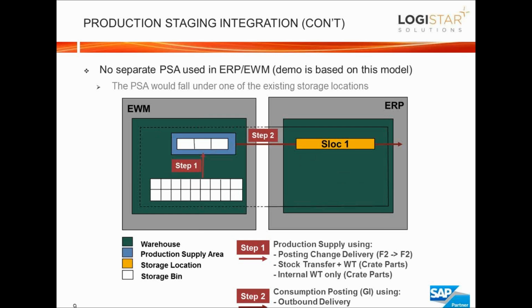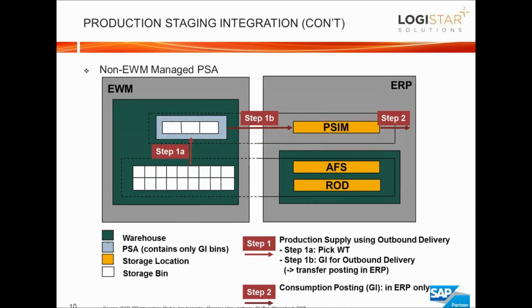We haven't issued anything, we haven't received anything, and we haven't transferred anything between locations because there's only the one. But from the warehouse control perspective, it's a little bit more of a simplistic design, a little bit less organizational data to maintain, and it very well may be the way that you're already set up in your system today. But it's good to understand that you have these different models depending on how you're laid out.